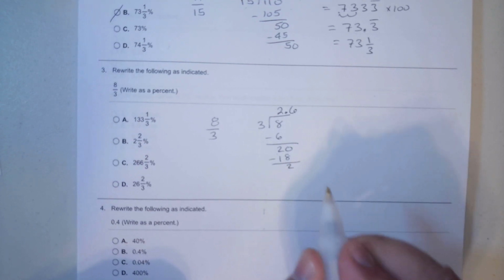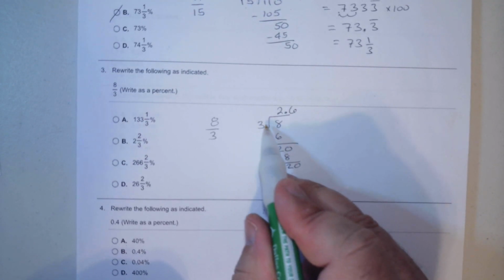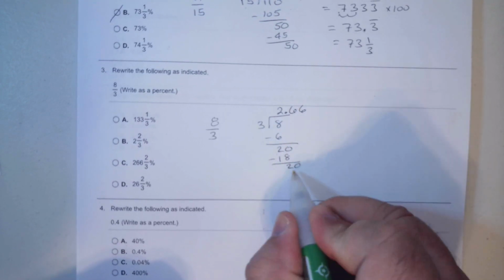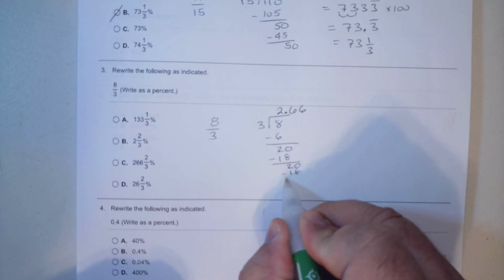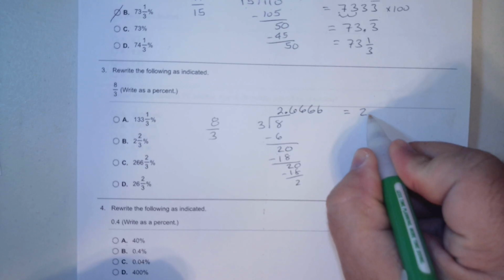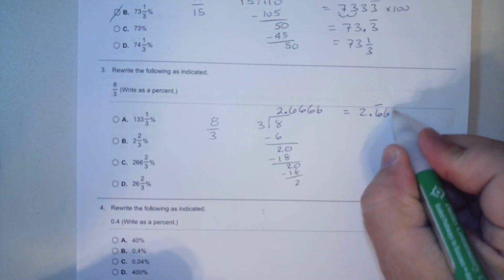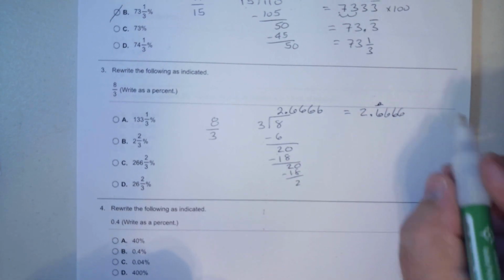Subtract them, I get 2. Put a 0. 3 goes into 20 6 times. So you see we're going to have 6, 6, 6, 6. So we have 2.6 forever.